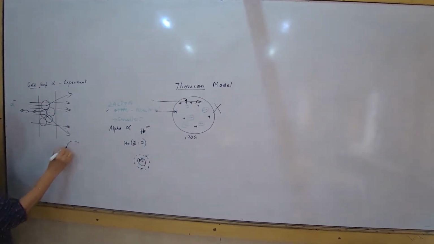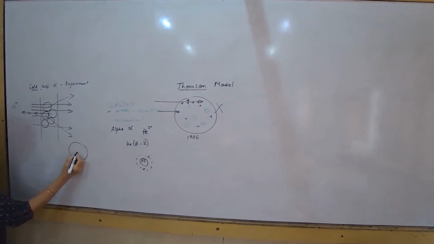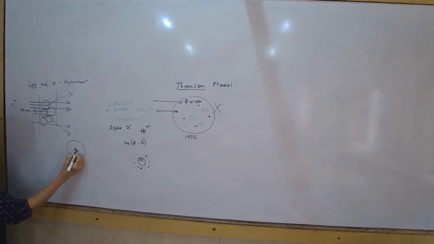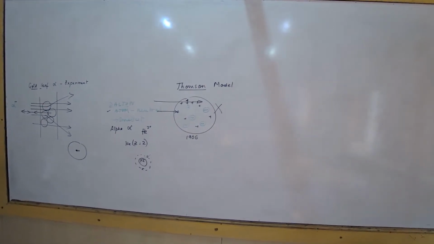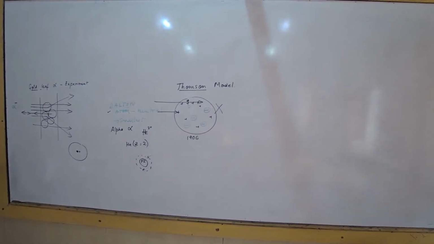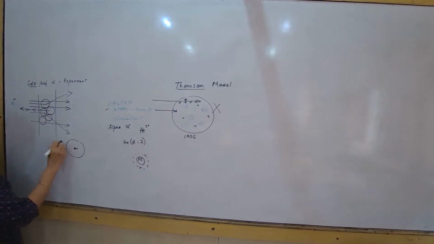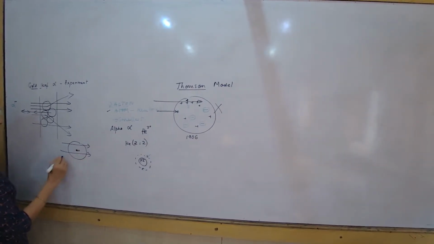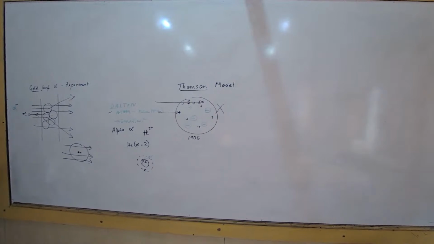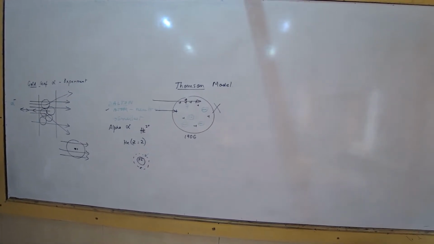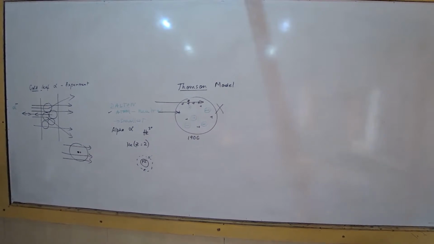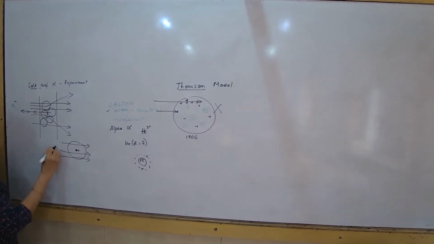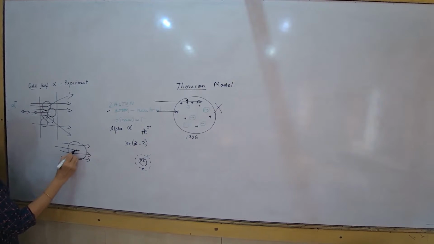And he said something else. He said that the atom must be having only a very small part which is positively charged. And most of the atom must be quite hollow, because he saw that most of these rays are passing through. So there is no positive charge present anywhere around. He found that only a few of them, if it is hitting this target, maybe it is getting reflected.